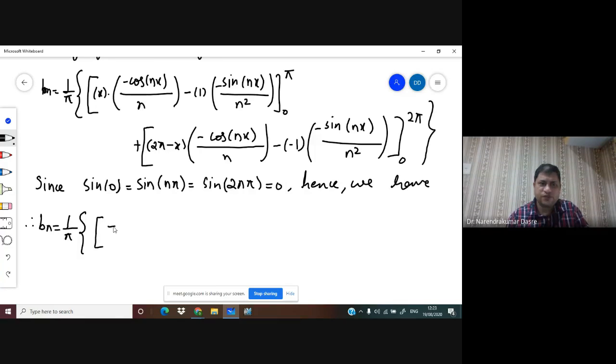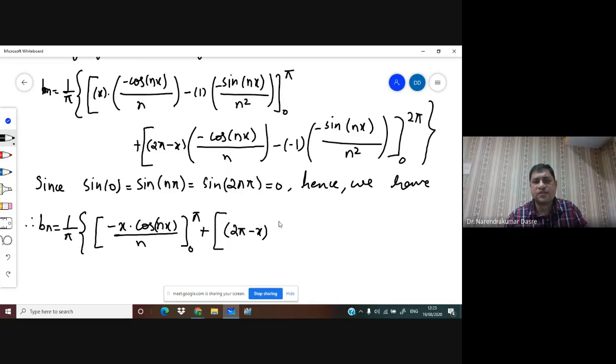Here we have minus x cos of nx upon n. This is 0 to pi. This term will be plus 2 pi minus x, minus cos of nx upon n, and this is pi to 2 pi.